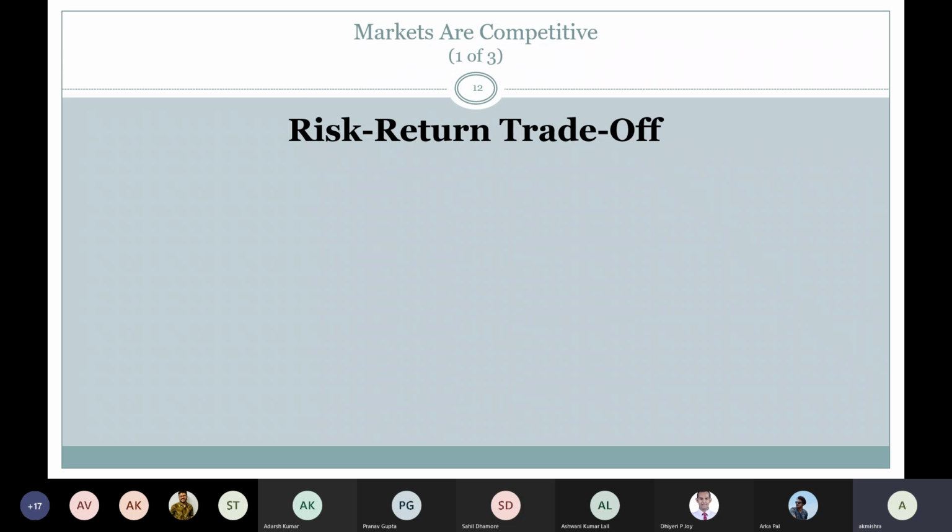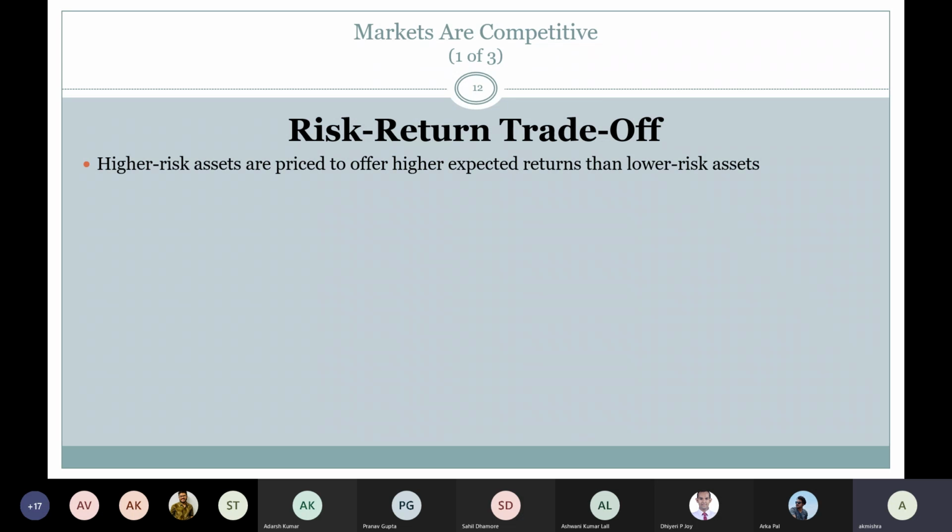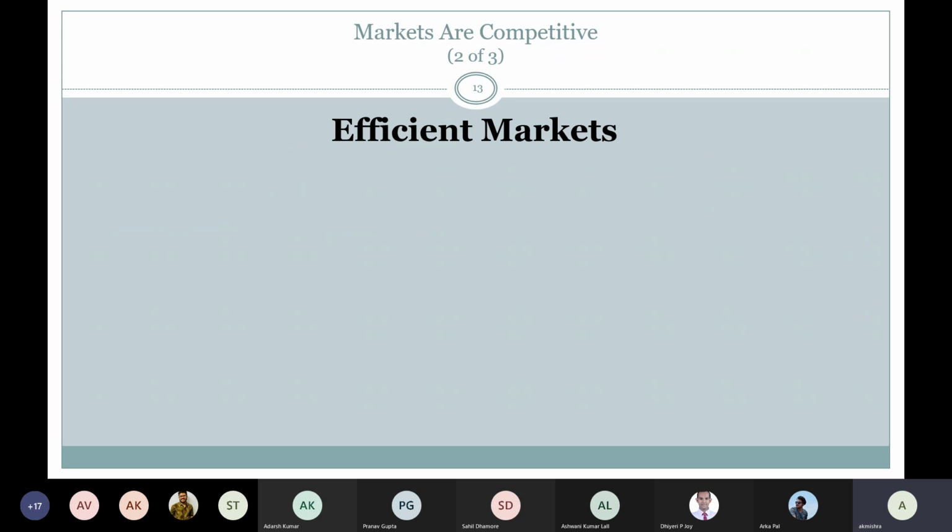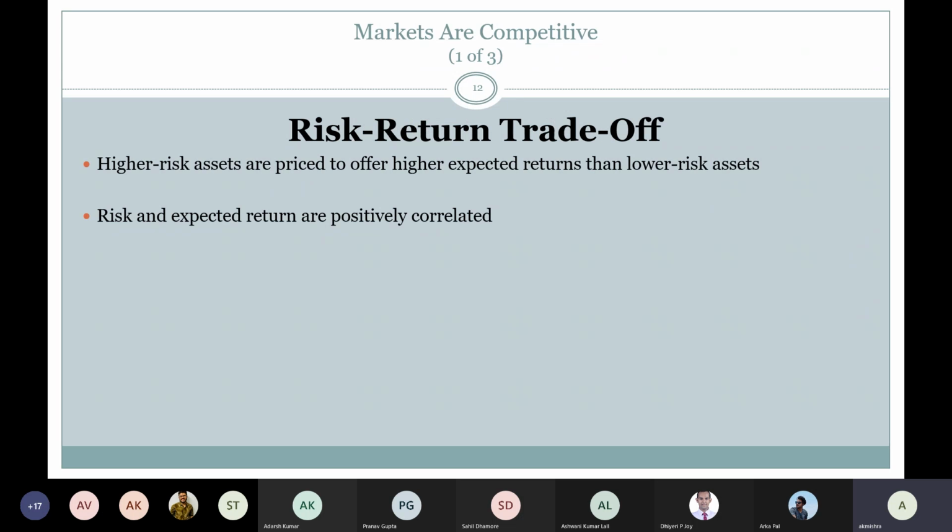There are also noisy traders, but in general we can assume that there are experts in the market, they are creating their portfolios, and their job itself is to create an optimum portfolio. So in that competitive market, the first point that comes to our mind is related to risk and return.